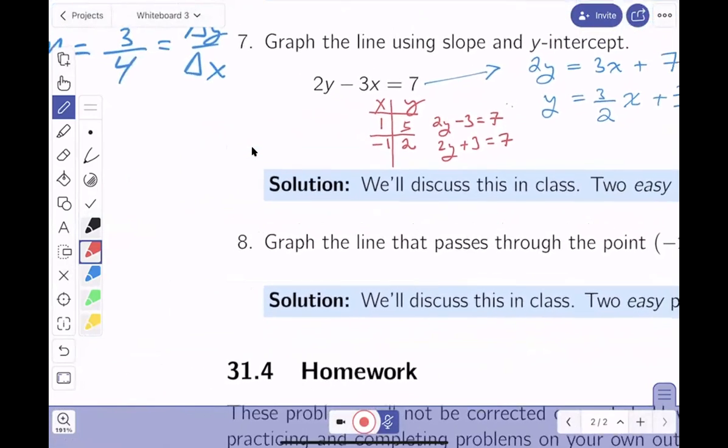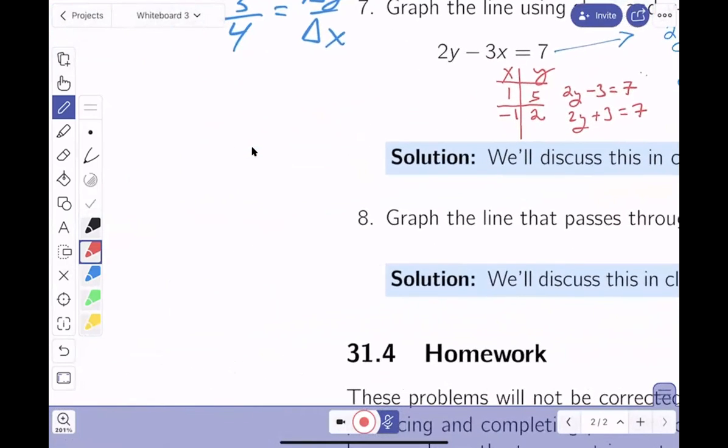All right, I'm going to go graph it. We'll graph down. And 1, 5. Let me do this over here. That's not so bad. And -1, 2, right?